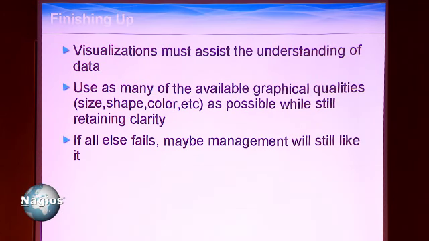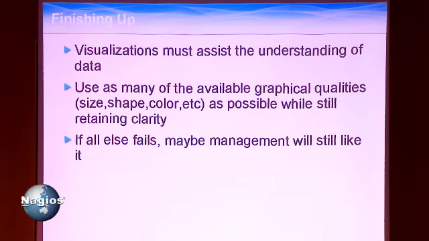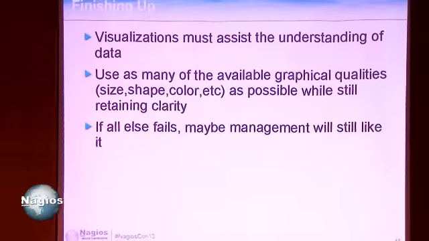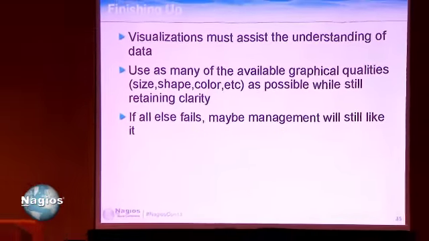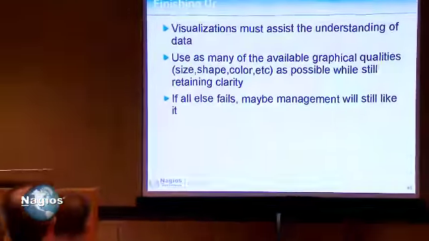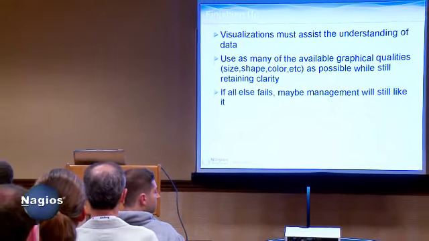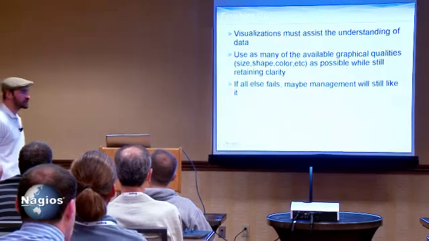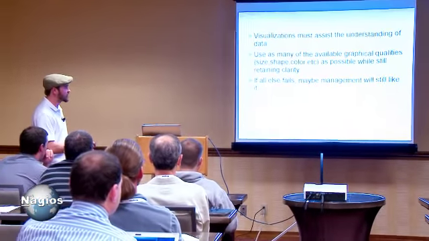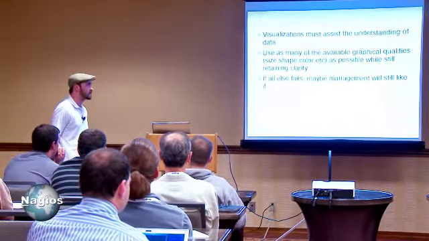So, last bit of information here. Visualizations must assist in the understanding of data. You have to make use of the fact that we are really, really interesting, creative animals. We have a very, very powerful visual cortex. We should be using that. Pattern recognition is much better in the visual cortex than it is in the prefrontal lobe. So make sure you're doing something to use that, and that falls to the graphical or aesthetic quality: size, shape, color.